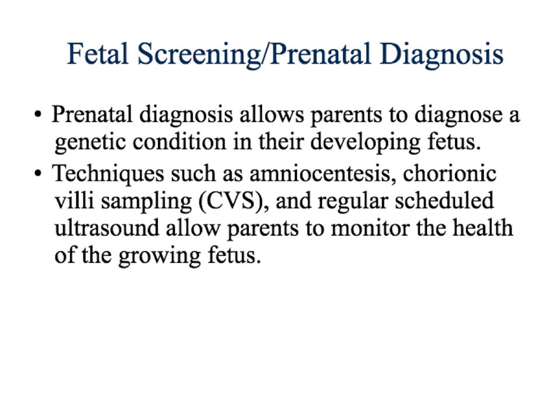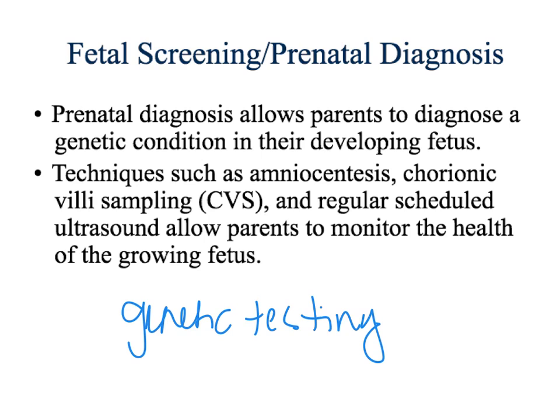And now, in the last couple years, you can do genetic testing. They take a blood sample from the mom, and there are fetal cells in it, and they analyze those and find out if there are any abnormalities. All of these allow professionals to diagnose something wrong in the womb before the baby's even born, so that the parents can make decisions about what to do.